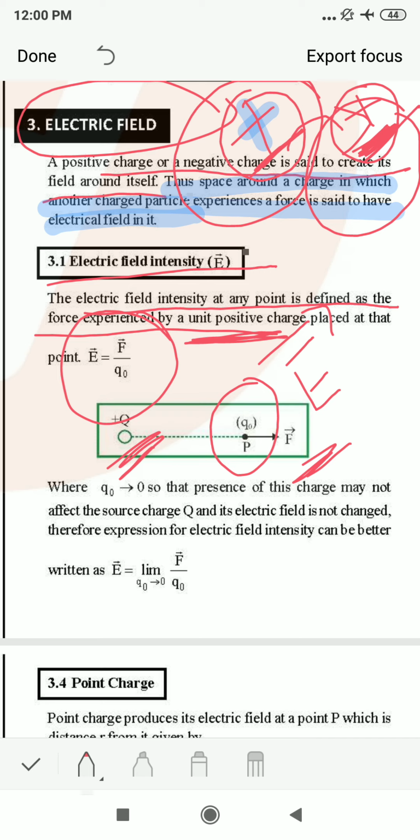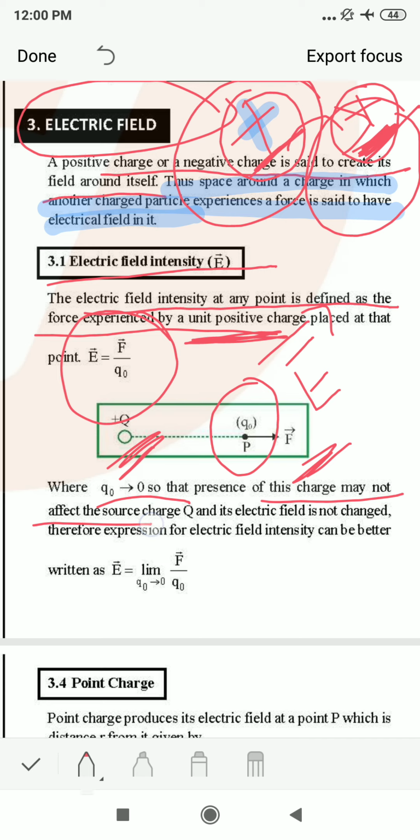Mathematical form will be E is equal to F upon Q naught, where Q naught tends to 0, so that the presence of this charge may not affect the source charge. Why?